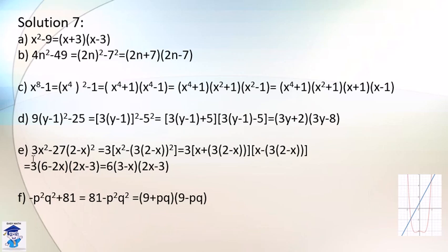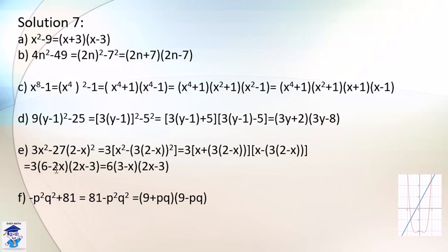Next, number E. 3x squared minus 27 and times perfect square of 2 minus x. 27 equals 9 times 3. So common term is 3, take out. So we can make this 3 times x squared, and then minus 3 times perfect square of 2 minus x.